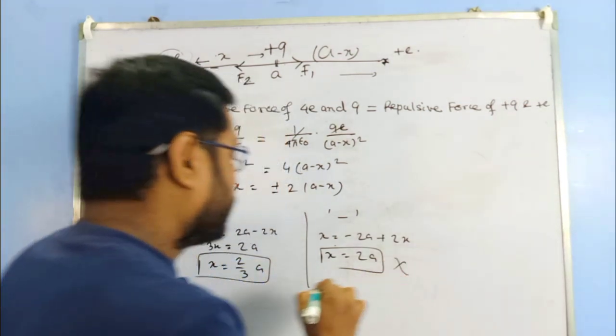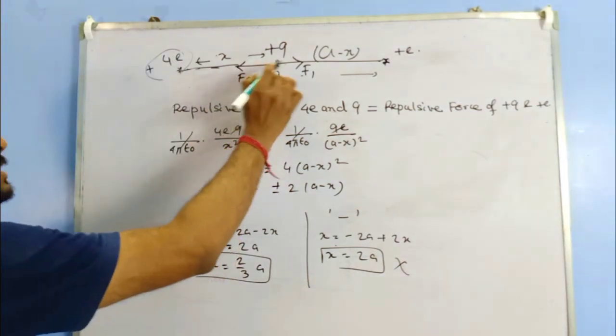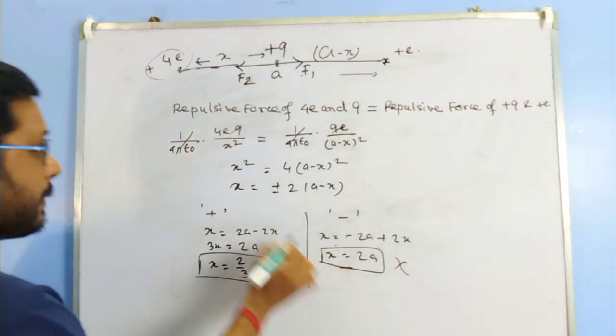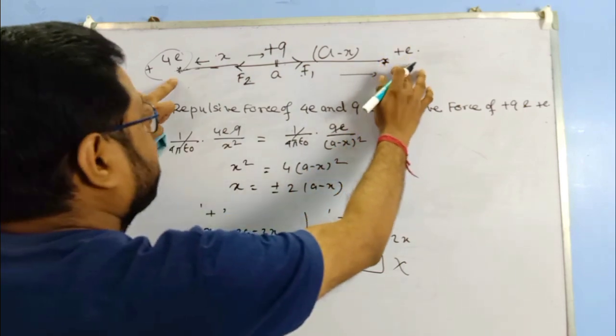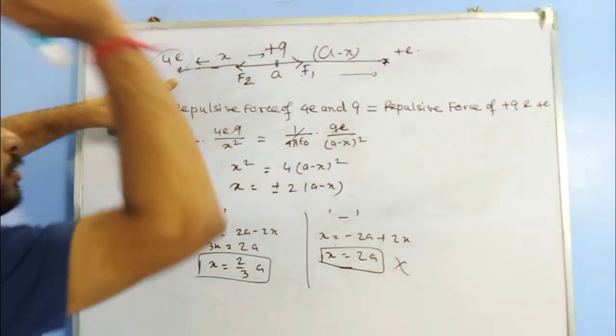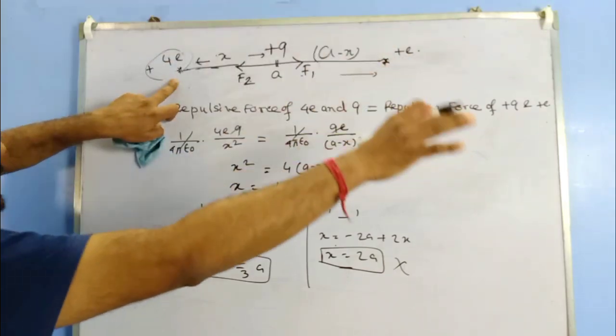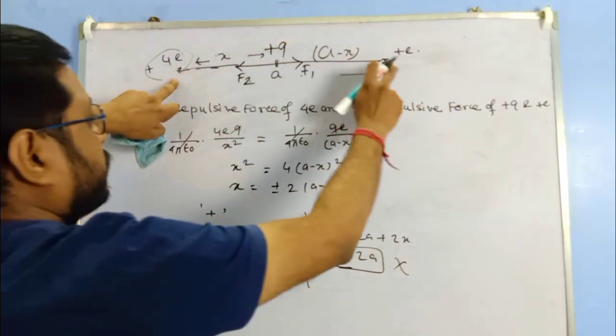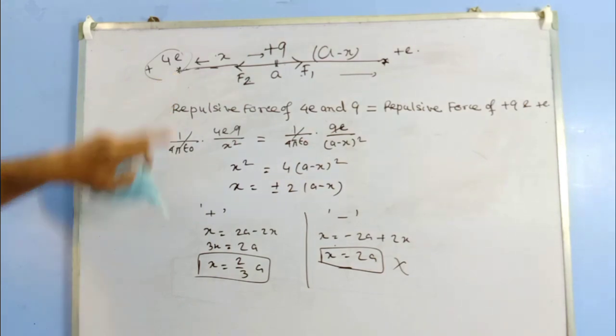This second value is not possible, because a is the separation between them. If we take the charge to that distance, then it will not be able to keep the charges 4e and e in equilibrium.